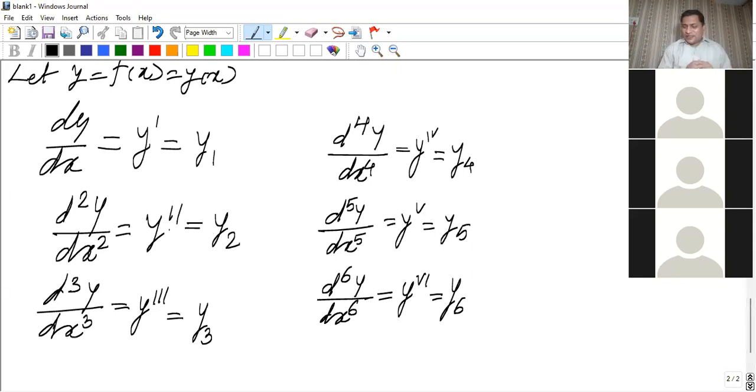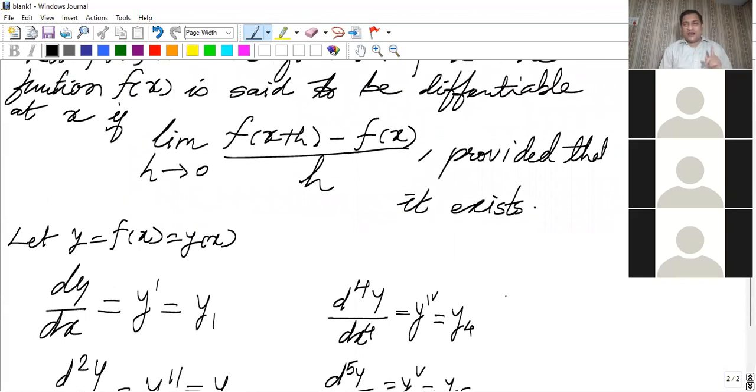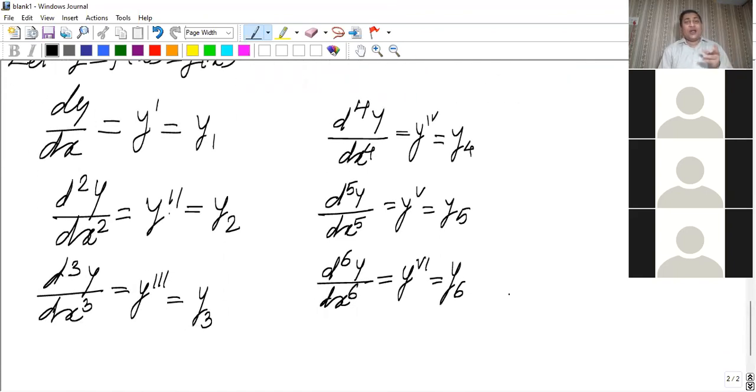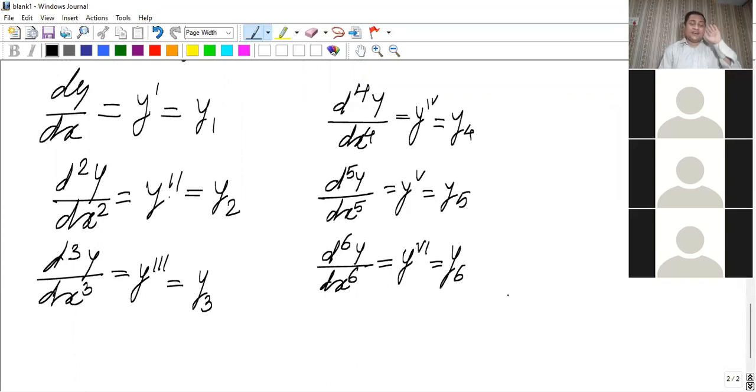Up to last year, you might have gone through the first order derivative as well as the second order derivative. Now here we are going to have the nth order derivative. So n may be large, it may be 10, it may be 50, it may be 100. So how to find the nth order derivative, that we need to understand.